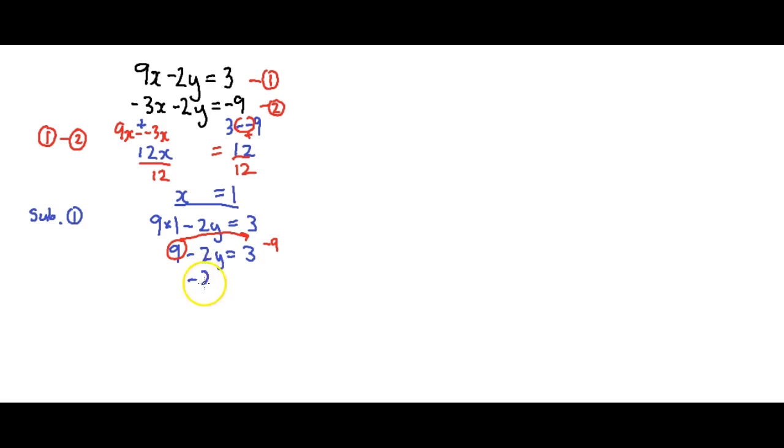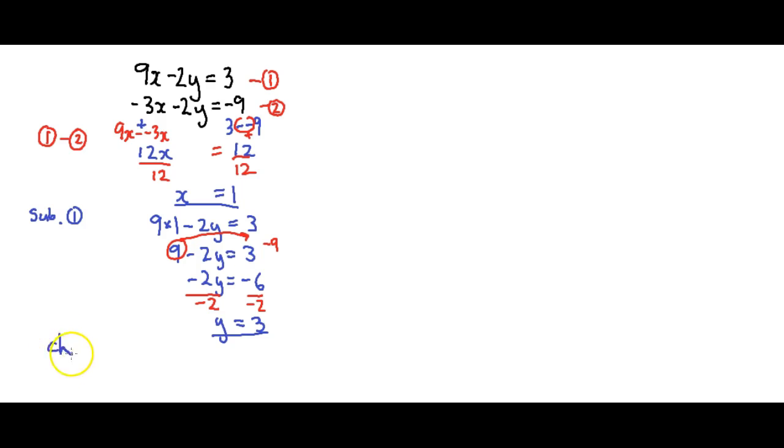So we have minus 2y equals 3 minus 9, which is negative 6. Divide both sides by negative 2 to get y by itself. The minus 2's cancel, leaving y. A negative divided by a negative is a positive, and 2 goes into 6 3 times.